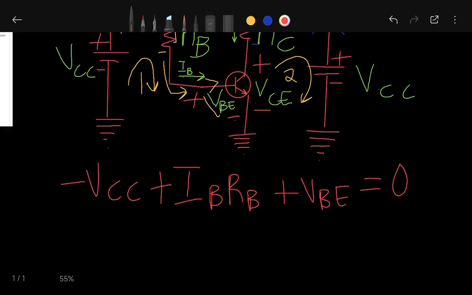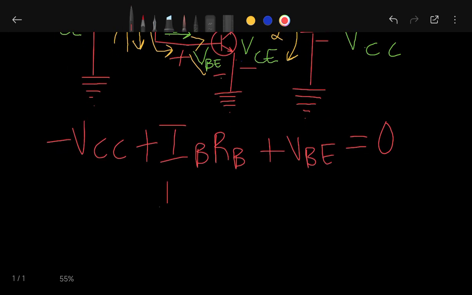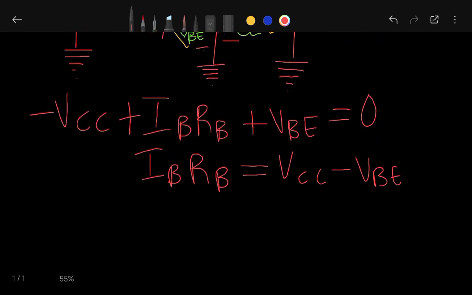Now let's say maybe you want to solve for IB. You know what to do. You take VCC and VBE to the other side, and you're left with IB RB equals VCC, which is positive on the other side, and then minus VBE. To solve for IB, we divide by RB. Even to solve for RB, we divide by IB.